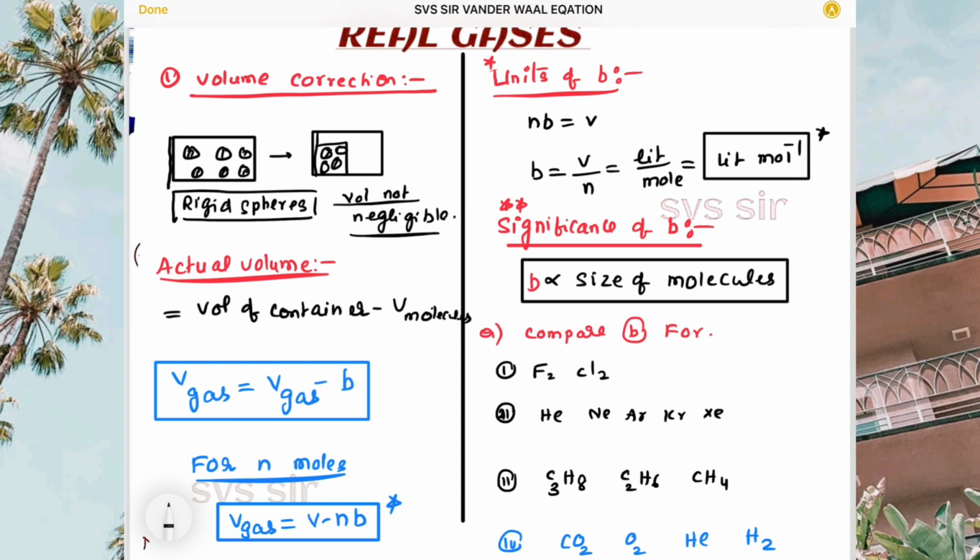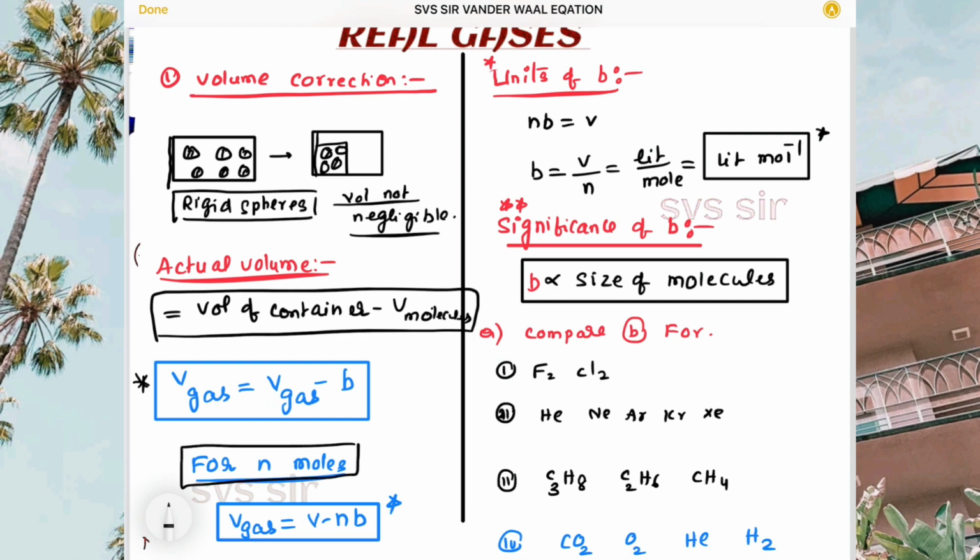So the actual volume equals the volume of the container minus the volume of the molecule. Therefore, volume of the gas equals volume of the container minus b, where b is the volume of the molecule. We are taking only for n moles, so for n moles, V gas = V - nb.